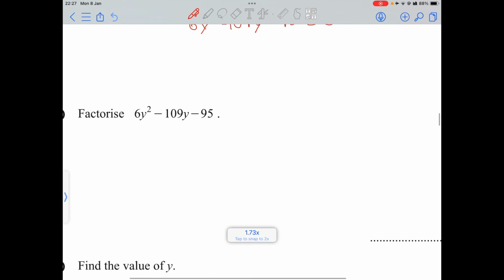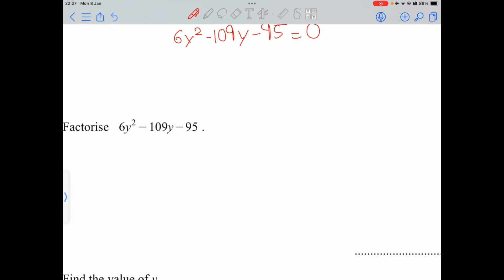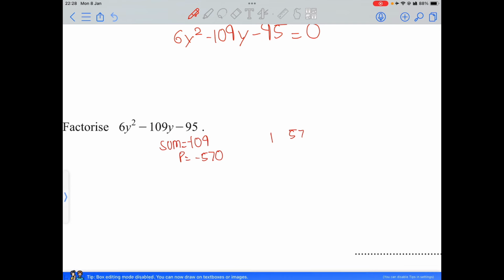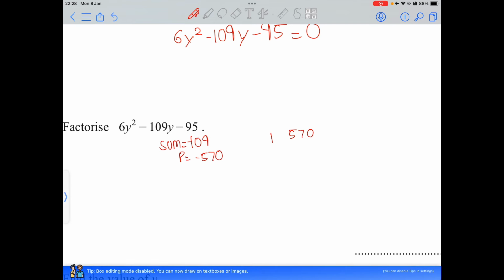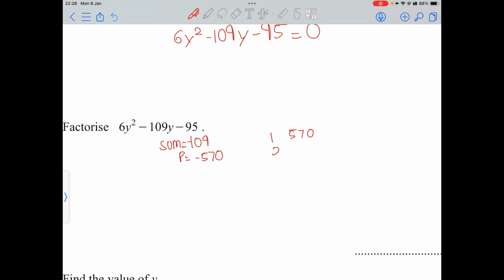Factorize this. You will need to find two numbers with a sum of negative 109 and a product of negative 95 times 6, which is negative 570. Negative 570 divided by 2 is 285, 285 divided by 3 is 95, still no for 4, then 5, and 114.